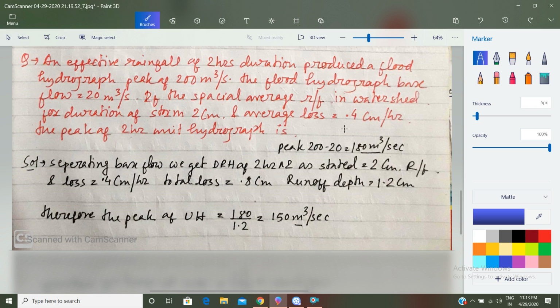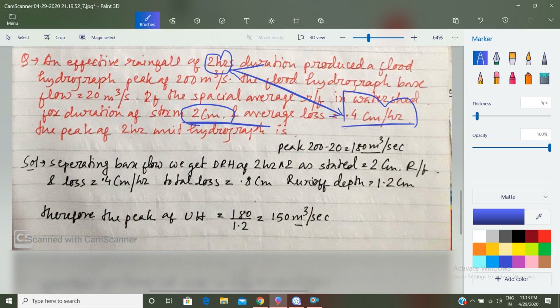See, first, 0.4 centimeter per hour is the average loss, and precipitation is a total of 2 centimeter during the 2-hour duration storm. So during the 2-hour storm, total infiltration loss equals 0.4 into 2, isn't it? Total losses will be 0.4 into 2 equal to 0.8 centimeter, and 2 centimeter is the precipitation.